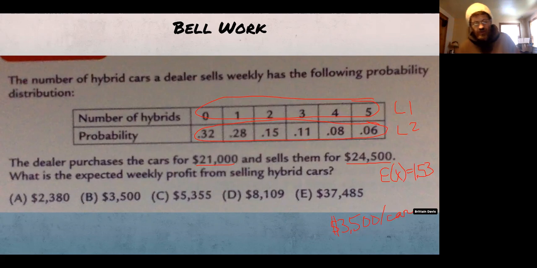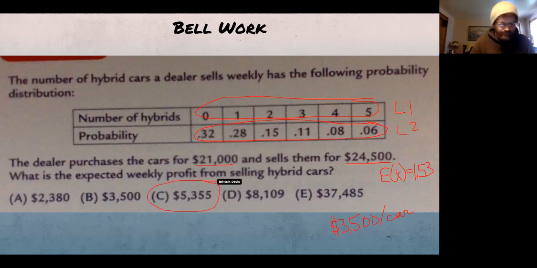Okay, and if we expect to sell 1.53, just multiply those together. So 3,500 times 1.53 is, there it is, 5,355. And that's all there is to it. So if you kind of forgot the steps for that, hopefully there's a reminder there.